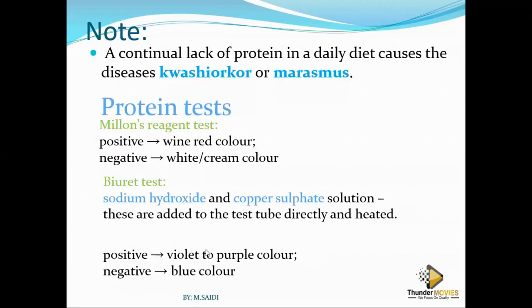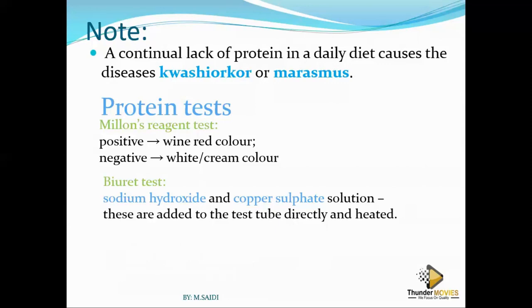So if the protein is present, it becomes purple. If the protein is absent, it is blue, as long as you use the Biuret test. But if you use Millon's test, it changes to the other colors. So you have to know which test they have used.